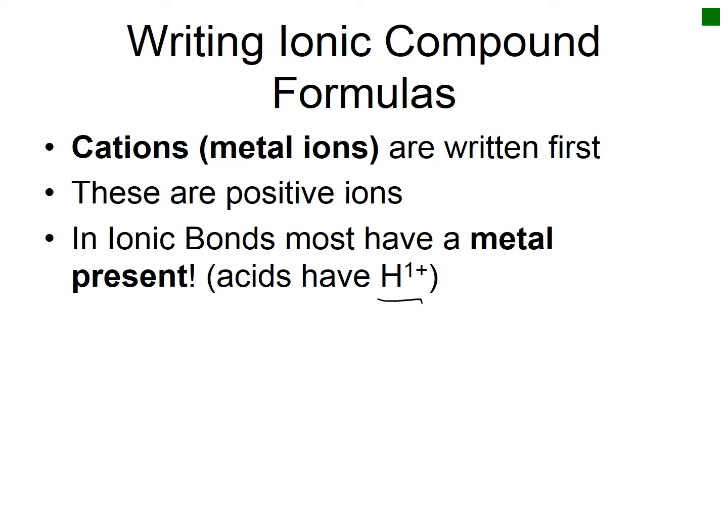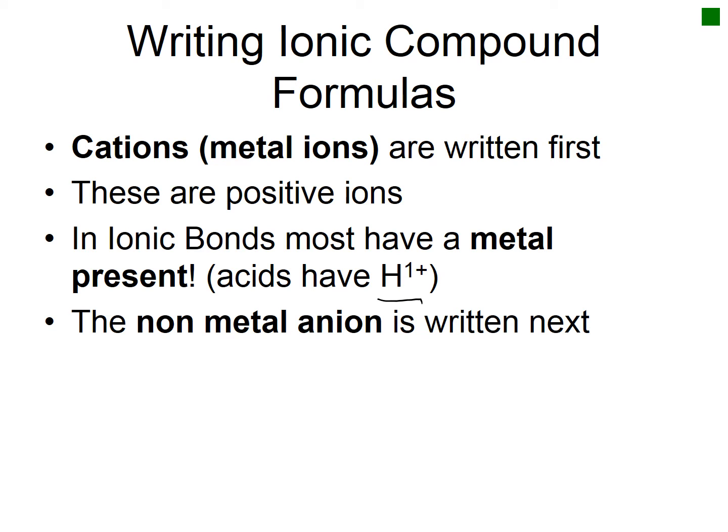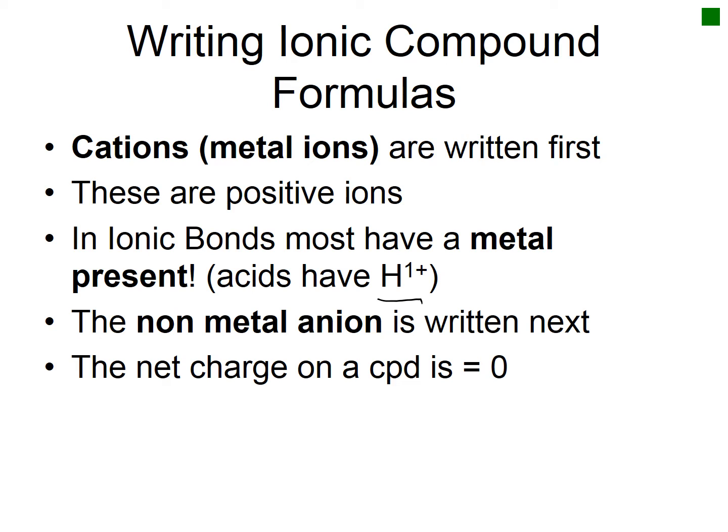You'll also see ones like ammonium, the NH4+. Then after you've written the cation, you'll write your nonmetal anion, or some form of anion, next, because the net charge on a compound is going to be 0. So all your positive and your negative must cancel out to give you 0. If you have large amounts of positive and large amounts of negative, we've got to figure out how many we need of each to give us an overall 0.